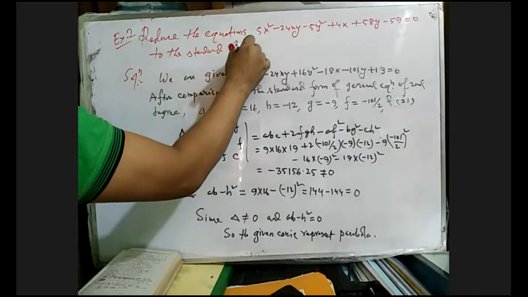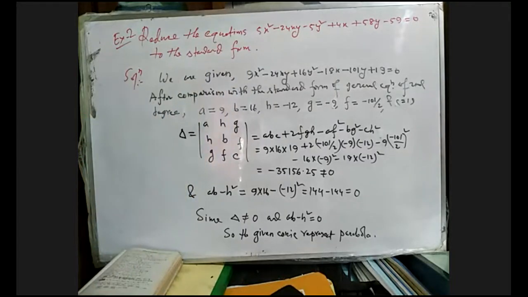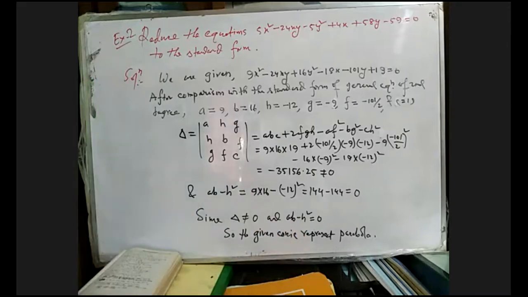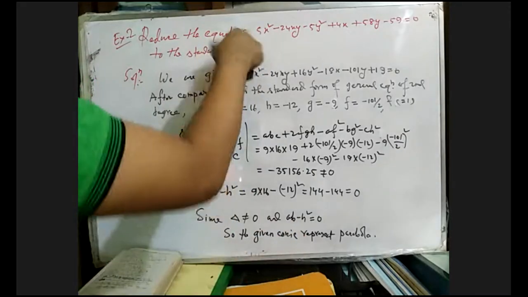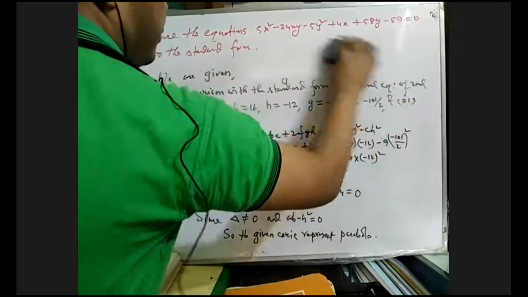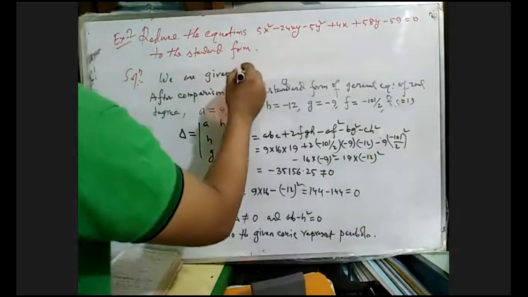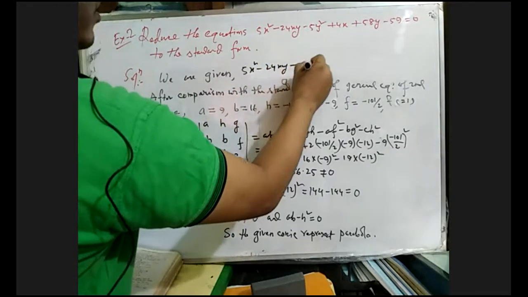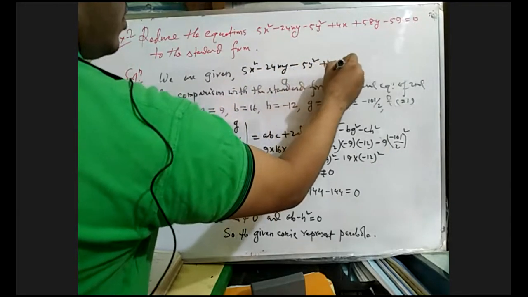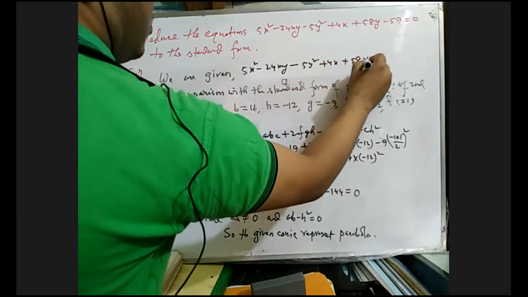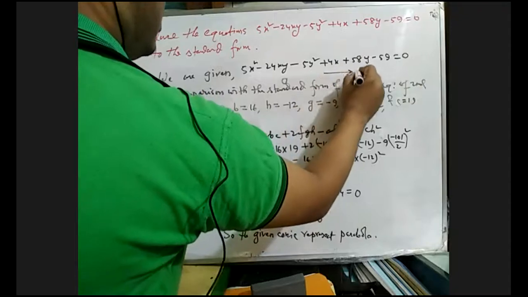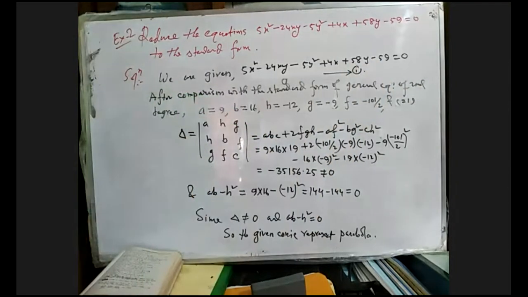So the given equation is 5x square minus 24xy minus 5y square plus 4x plus 58y minus 59 equals 0. This is given equation number 1.